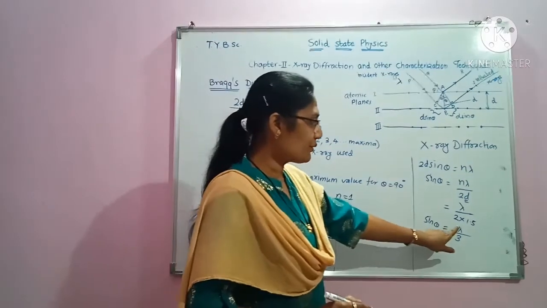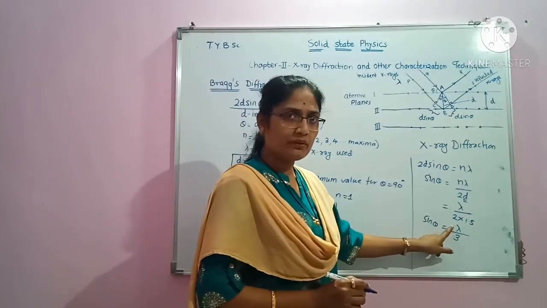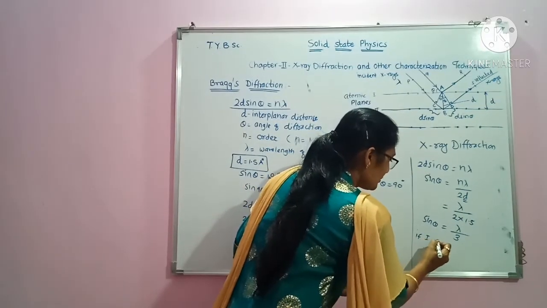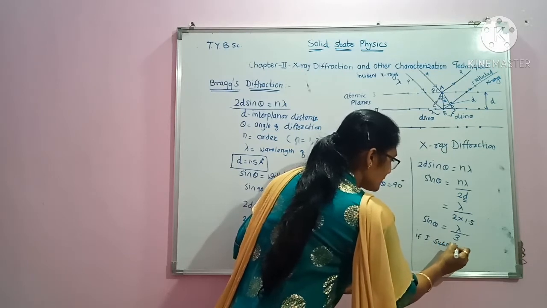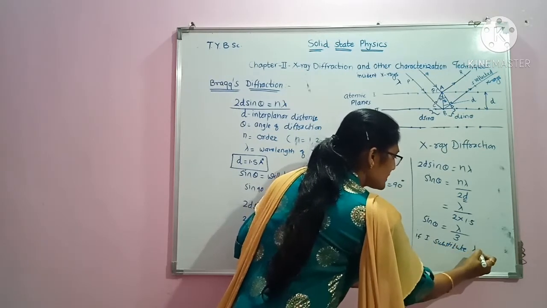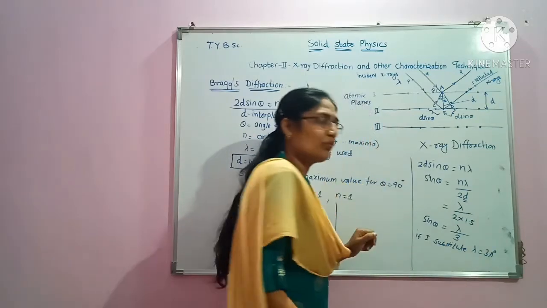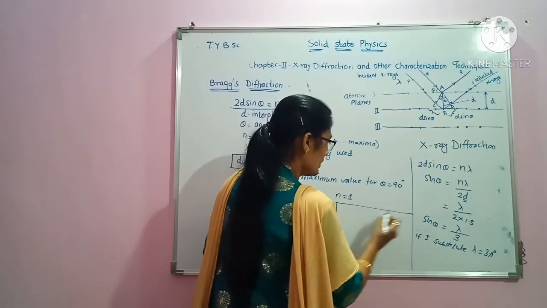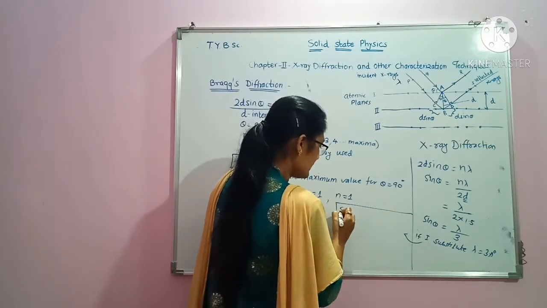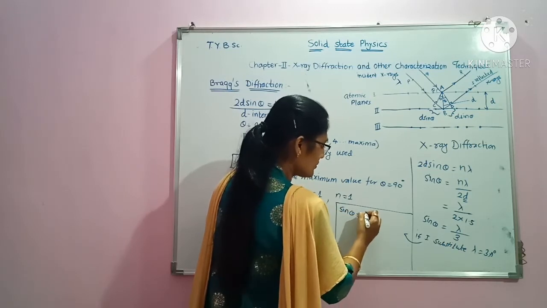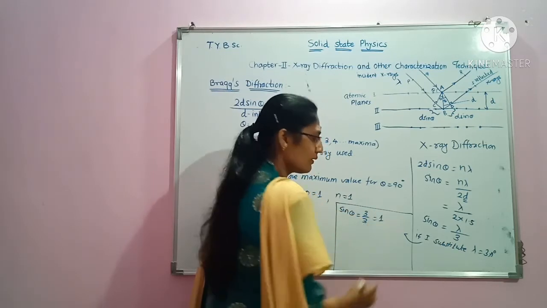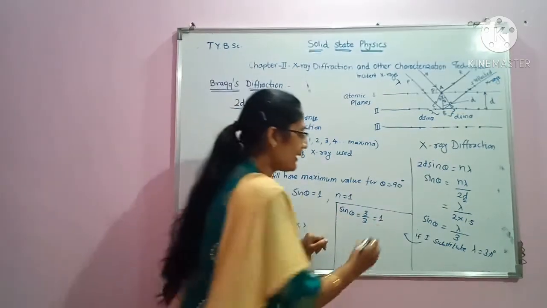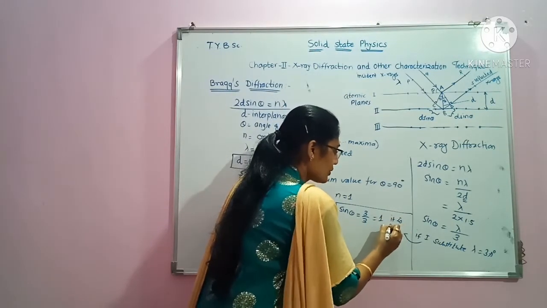If I substitute lambda equal to 3 angstrom, sin theta becomes 3 upon 3, which is equal to 1, and it is possible because the maximum value of sin theta is 1, and hence it is possible.